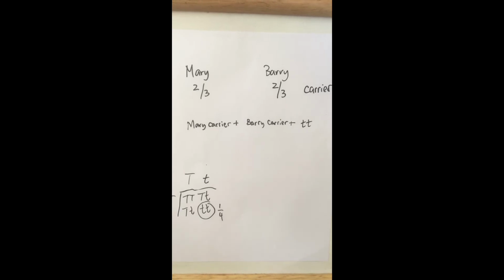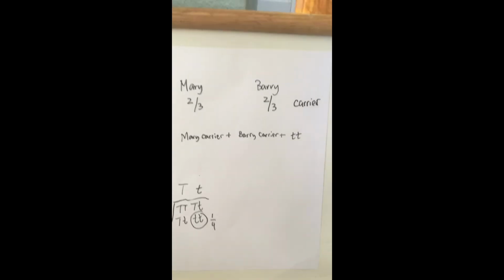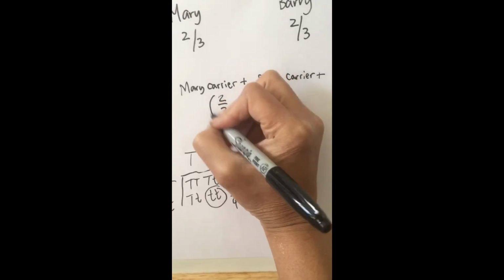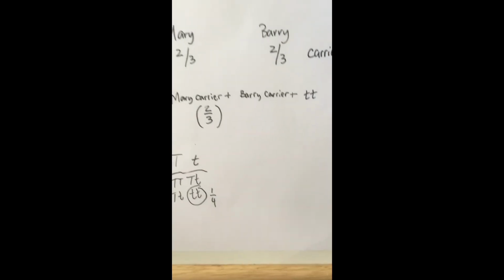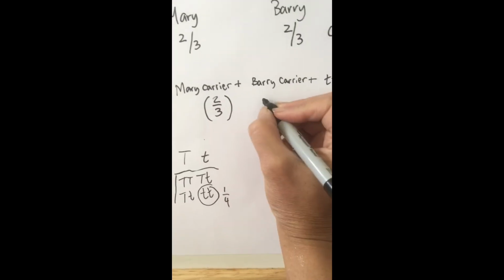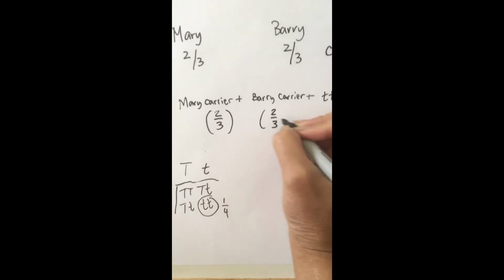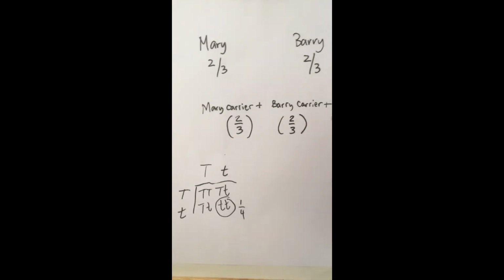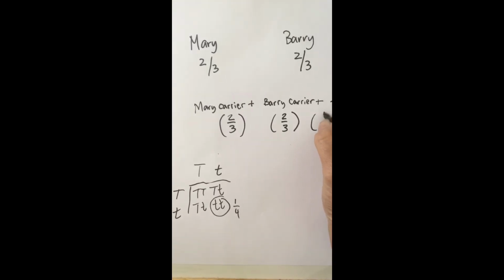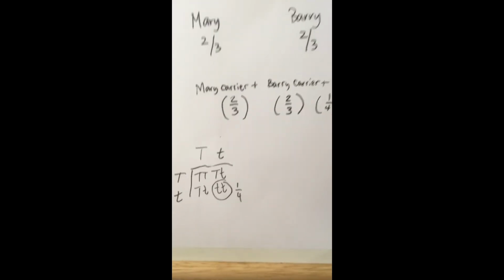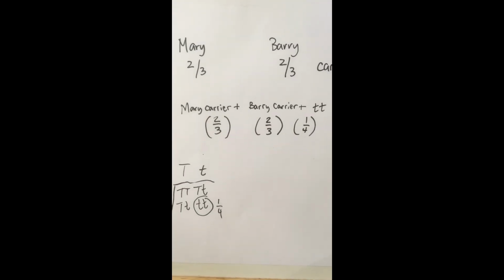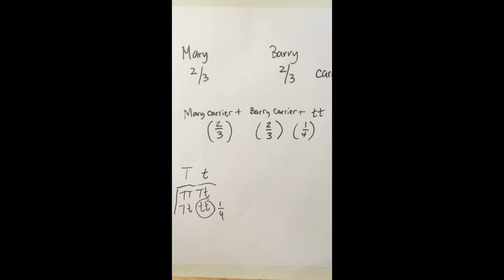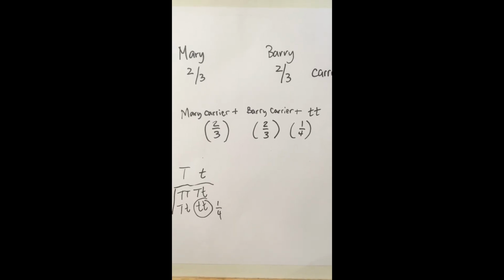So we've already done most of the work here. We know, as I explained, that there is a 2/3 chance that Mary is a carrier. There is a 2/3 chance that Barry is a carrier. And even if they're both carriers, there's only a 1/4 chance that their child is going to be homozygous recessive.